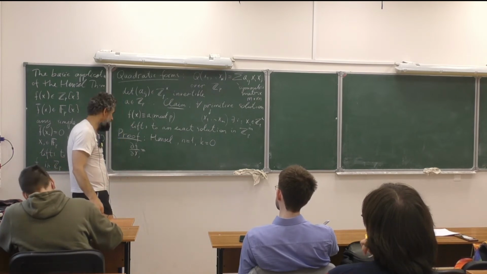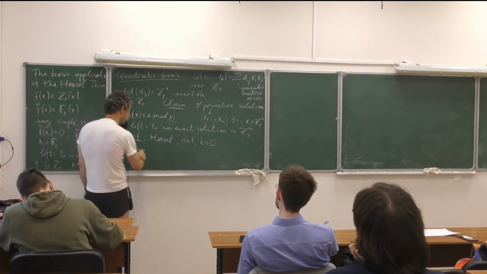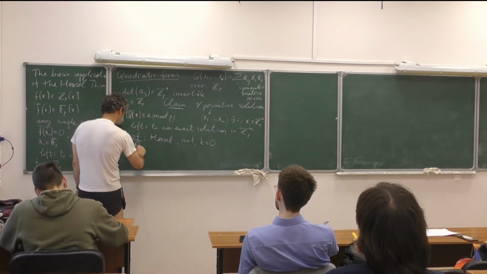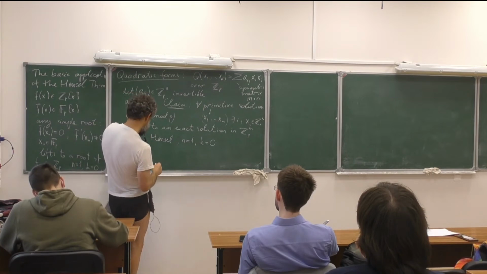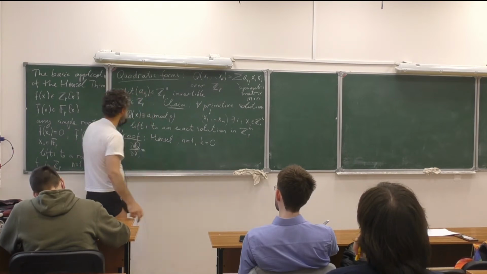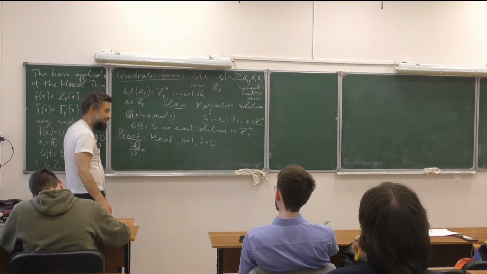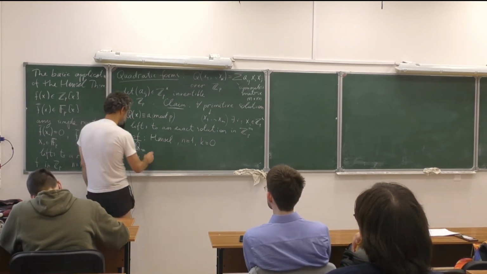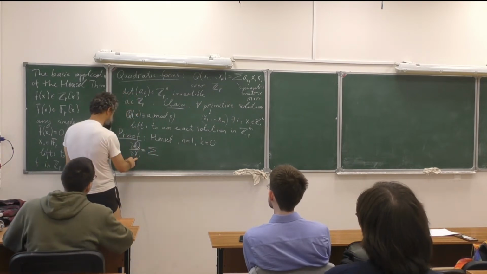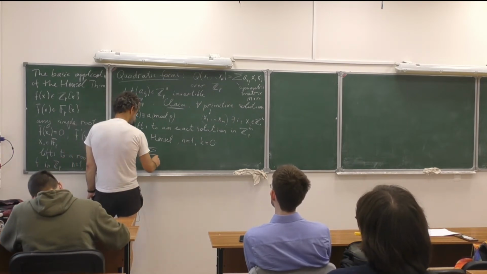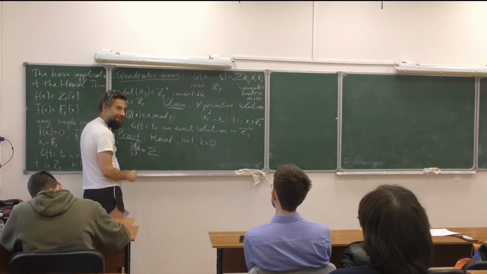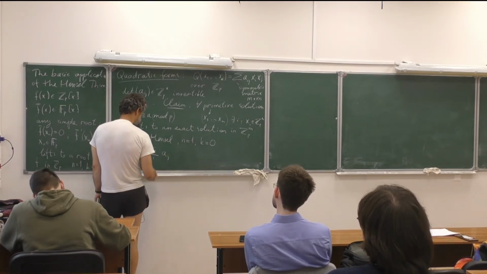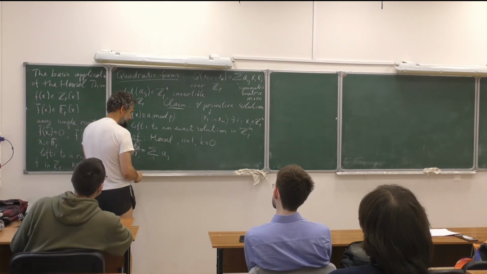What is the partial derivative of, well, sorry, maybe it's not f, it's q. So what is the partial derivative? It is the sum over i, with j fixed, of a_ij x_i.